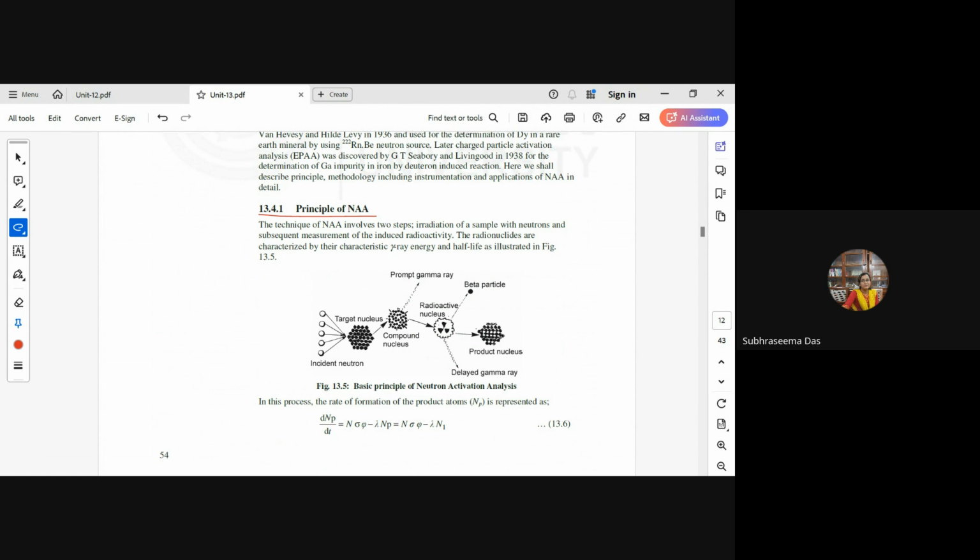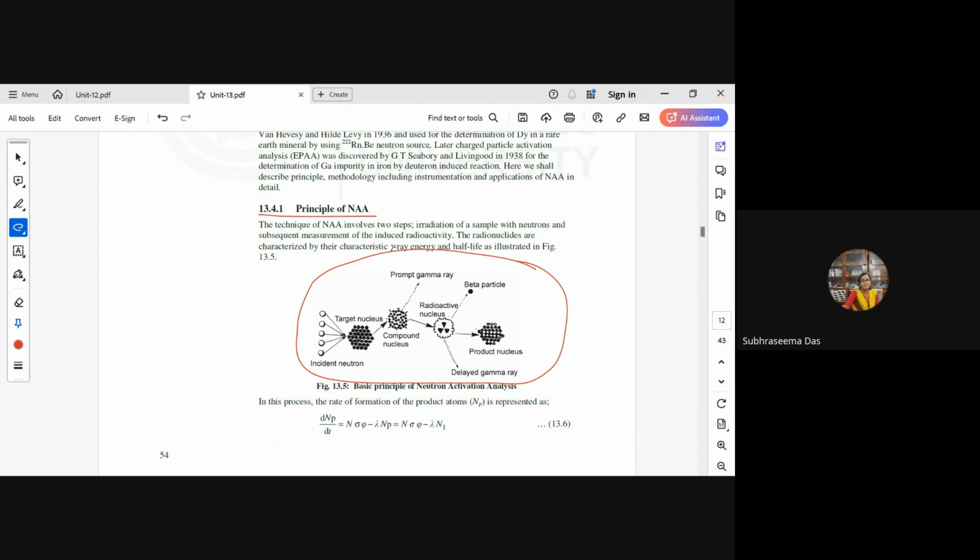Basically, the first step involves the irradiation of the sample with neutrons, that is bombardment of the target nucleus with neutrons, and the second step involves the measurement of the induced radioactivity. Then the radionuclides that are formed are characterized by their gamma ray energy and half life. Figure 13.5 shows the schematic of the basic principle of NAA.